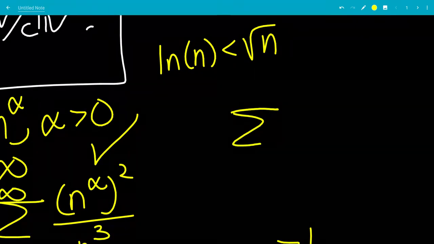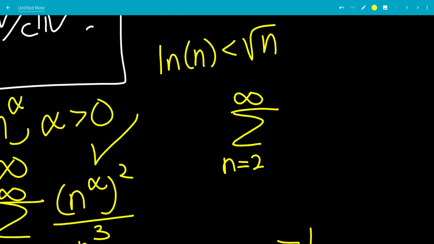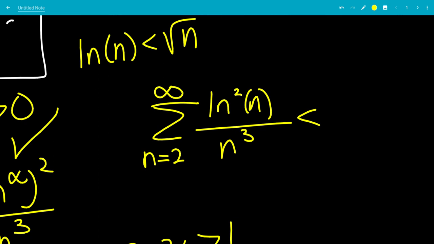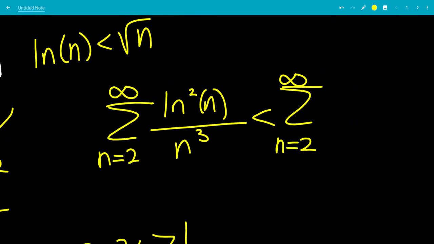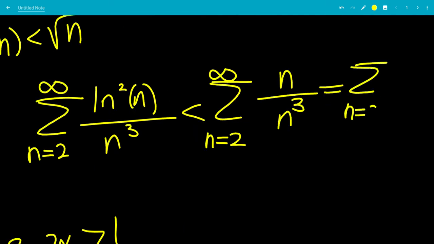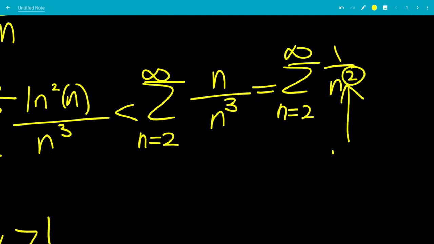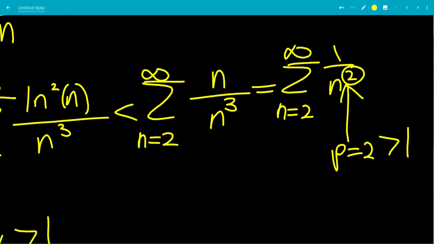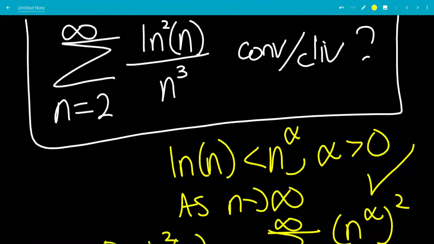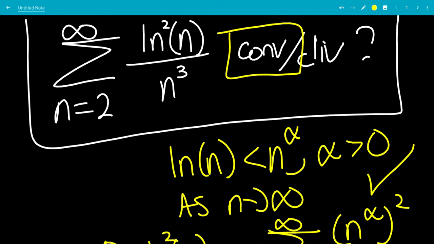So the sum from n equals 2 to infinity of (ln n) squared all over n cubed is less than the sum from n equals 2 to infinity where we replace the square root of n squared, which is n, all over n cubed, which is the sum of 1 over n squared. Now this 2 represents p equals 2, which is bigger than 1. So this means this converges, and that is the end of the video.